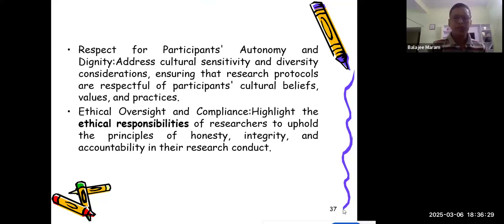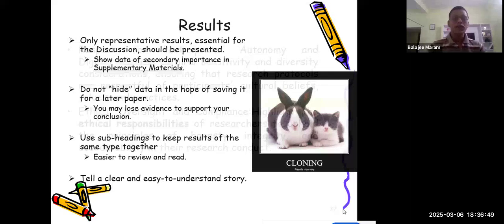Next, respect for participants' autonomy and dignity. Suppose when we are taking the data of a patient, definitely we should maintain some dignity and autonomy like that. Okay. Next, the last one, ethical responsibilities. Next, results.